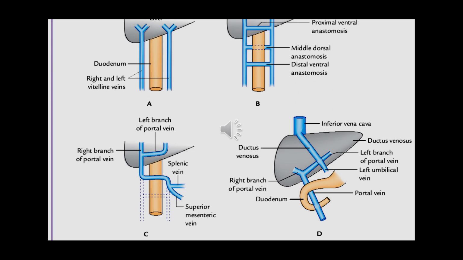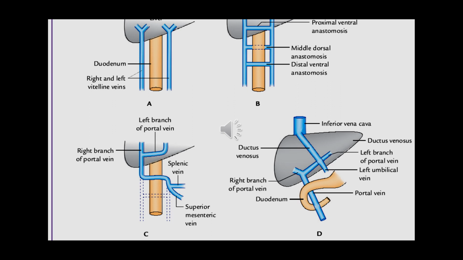Once it disappears, there is no point in having an anastomotic channel, so that also will go. And once it is gone, the right vitelline vein also will disappear, the portion of the right vitelline vein up to the dorsal anastomosis. Right? So this is what is happening.